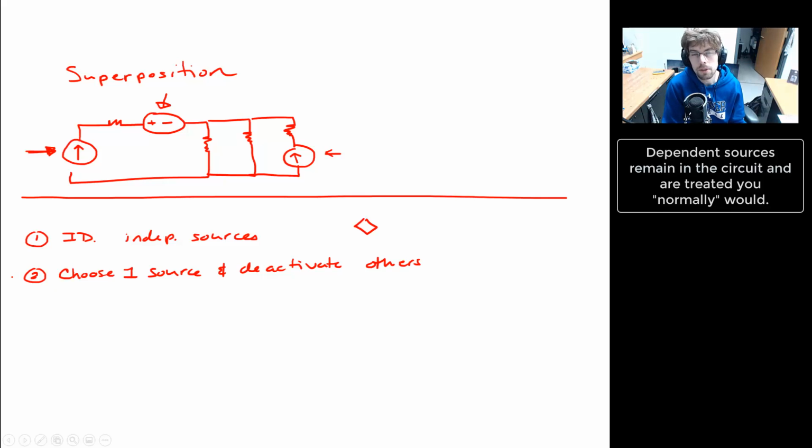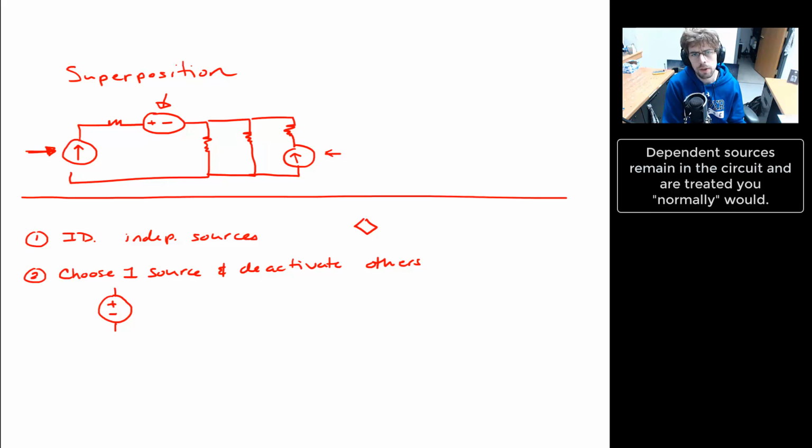And this is probably the most important point of the entire process. What does it mean to deactivate a source? Well, if we have a potential supply, the way to deactivate a potential supply is to make sure that there is not a drop in potential across the branch where the supply is found.